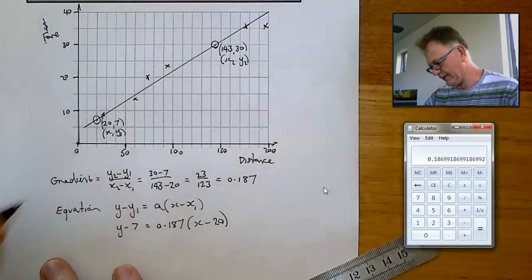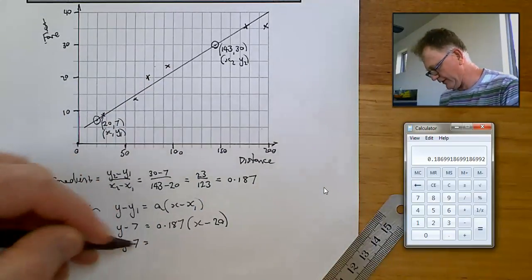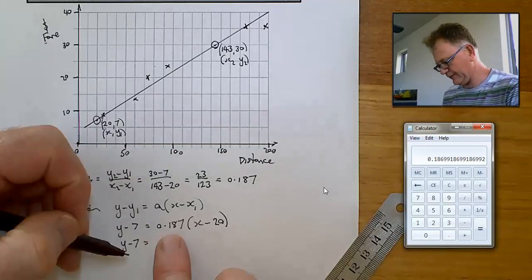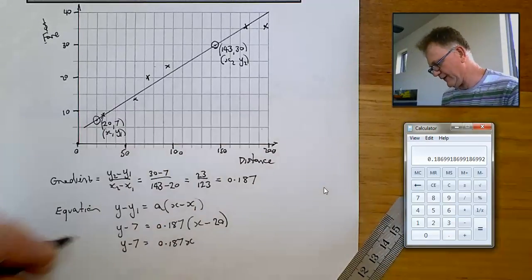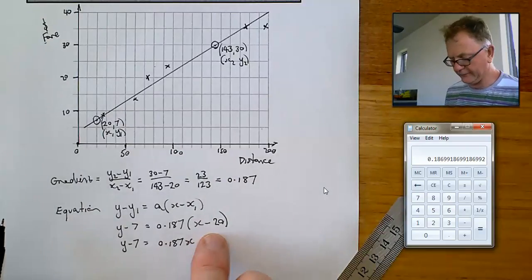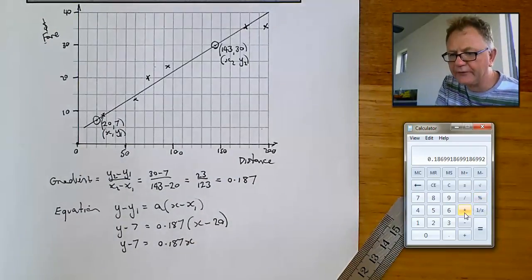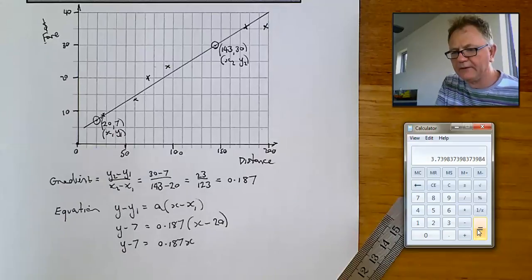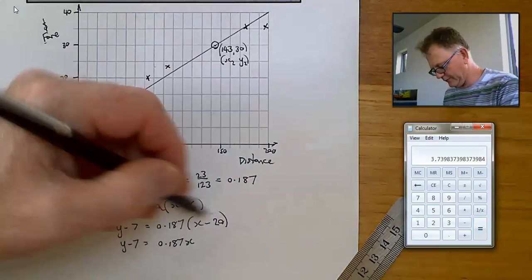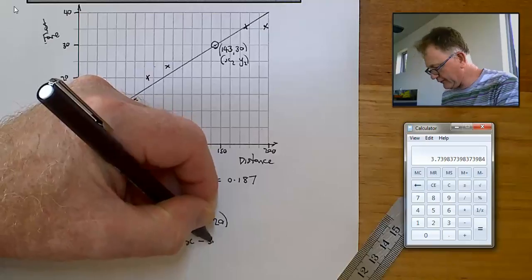Okay, I'll multiply the brackets out on this side first. Y minus 7 equals, and the 0.187 times x is 0.187x, and the 0.187 times negative 20, it's already on the screen, so that's good, times by 20 is equal to negative, because we had positive times a negative, negative 3.74.